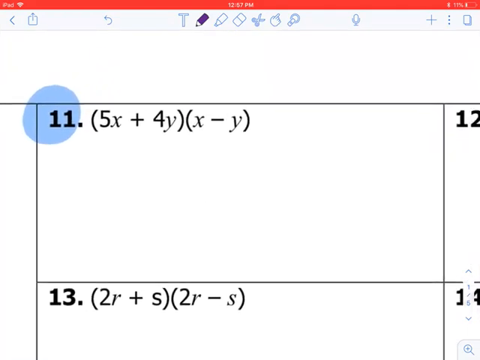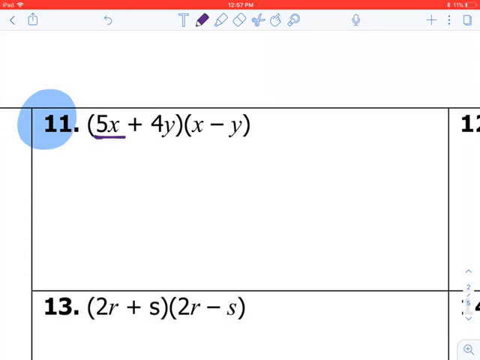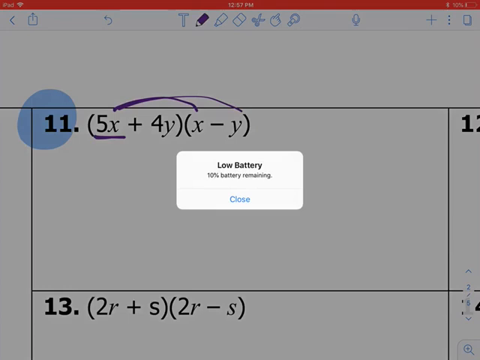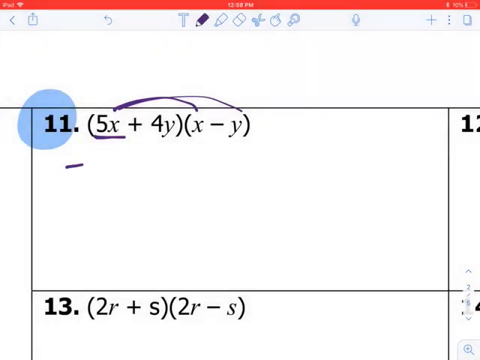Okay, so this one can be a little tricky because we've got two variables. So 5 times both is going to be 5 times 1 is 5. X times x is x squared. Nothing new there. But then you go 5 times negative 1 is negative 5. X times y is just xy. So those do not go together. It's just next to each other. So the second one, we've got 4y times x is positive 4xy again.